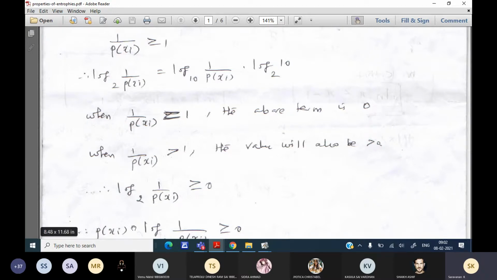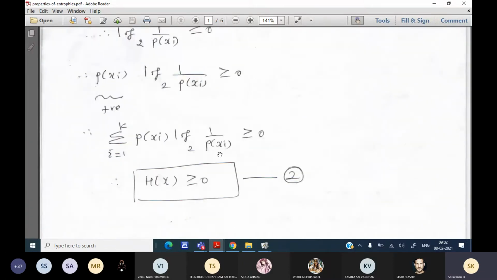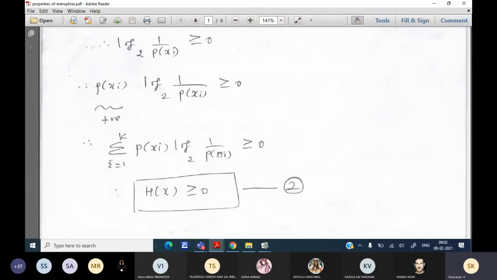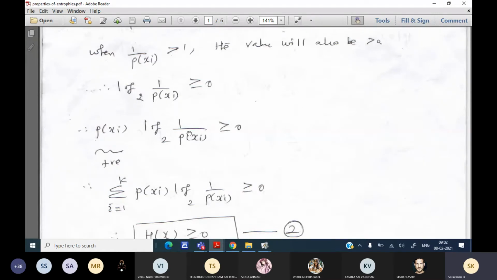So I can write p of xi into the log of this term, and I get this expression: p of xi into log 1 by p of xi base 2 is greater than or equal to 0. p of xi is positive, and log 1 by p of xi is also greater than or equal to 0, so automatically this term is greater than or equal to 0.